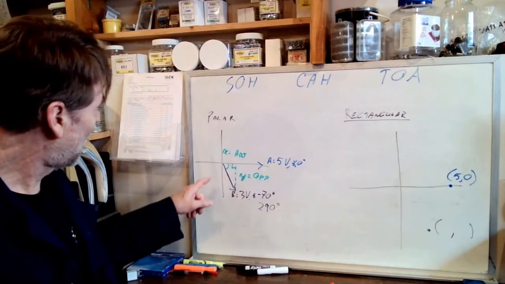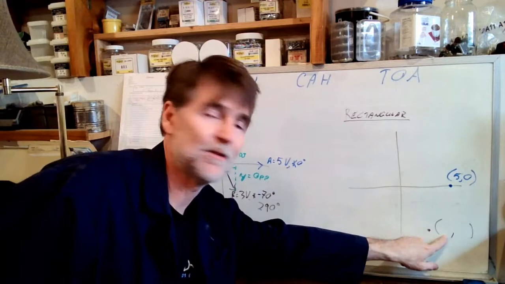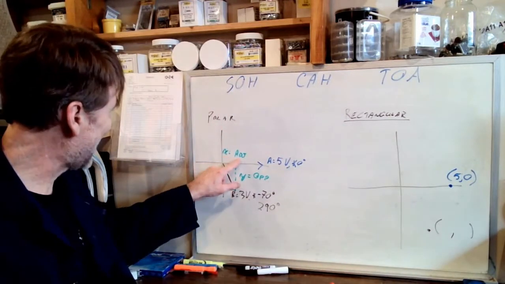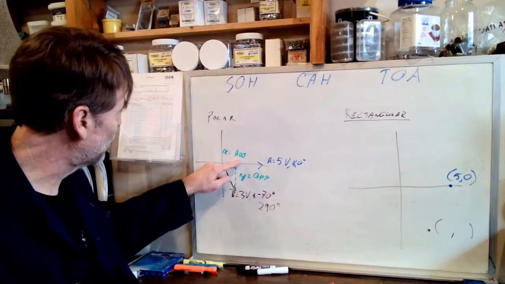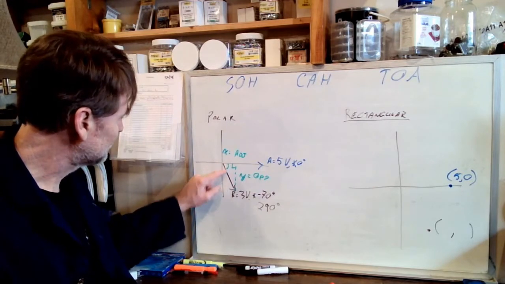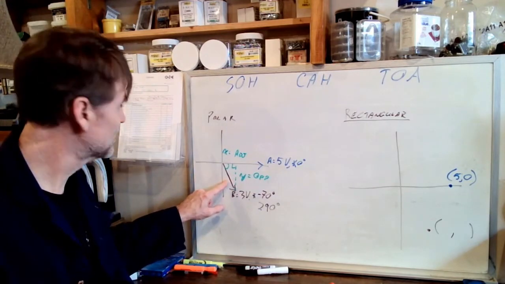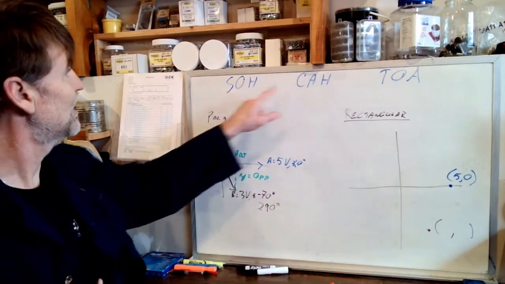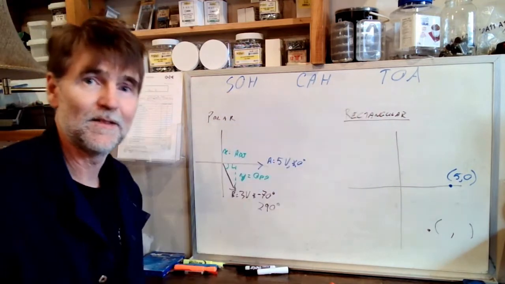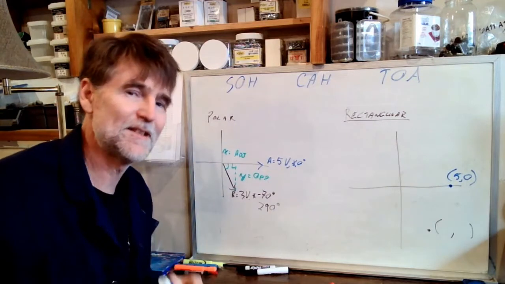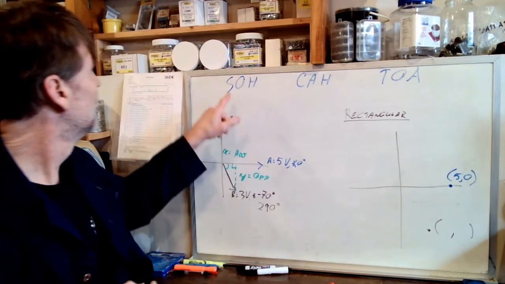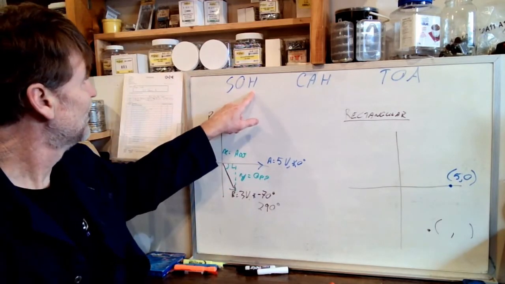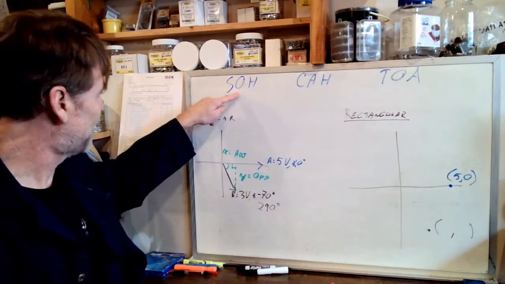Let's say I want to find the x value. Let's start with the x. So the x is the adjacent. I know the angle, and I know the hypotenuse, and I'm trying to find the adjacent. So am I going to use sine, cos, or tan? This is the thought process every single time. Well, if I want to use sine, I need to know the hypotenuse to find the opposite.